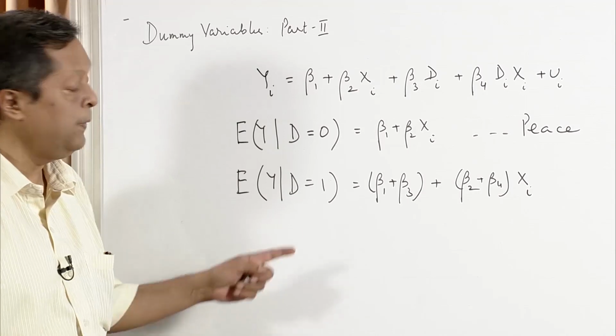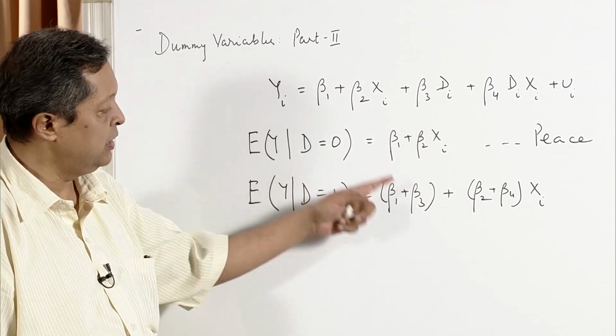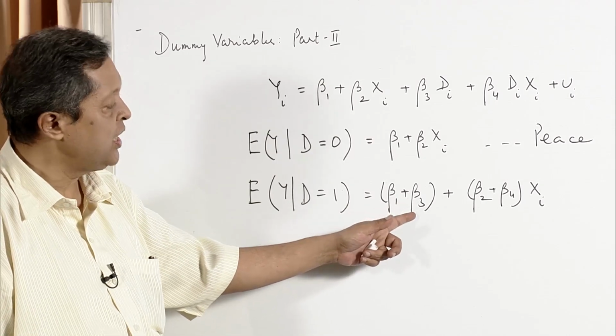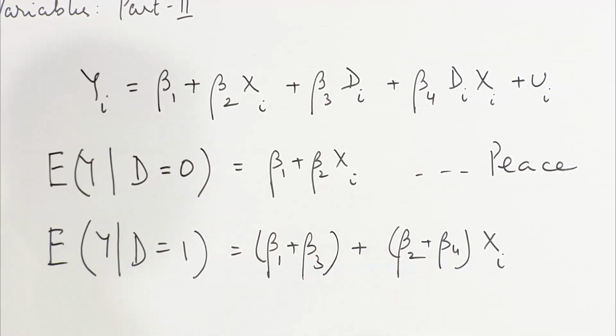So, you can see that the differential impact of war on the intercept is beta 3 and the differential impact of war on the slope is beta 4.